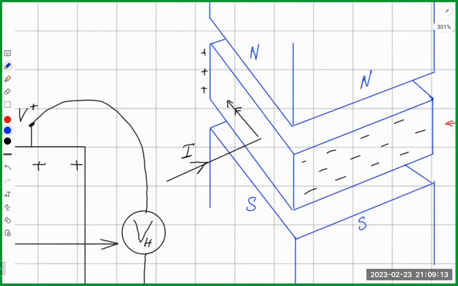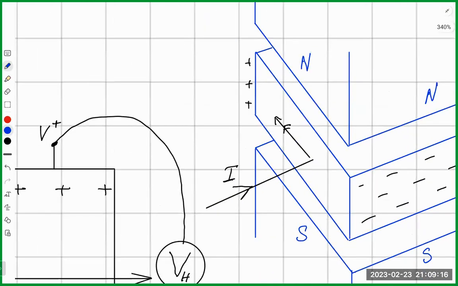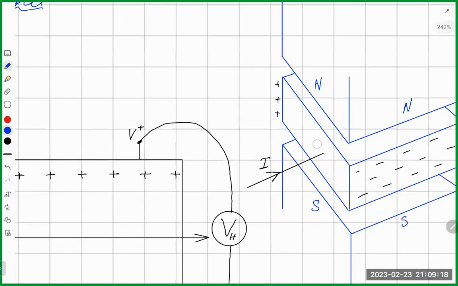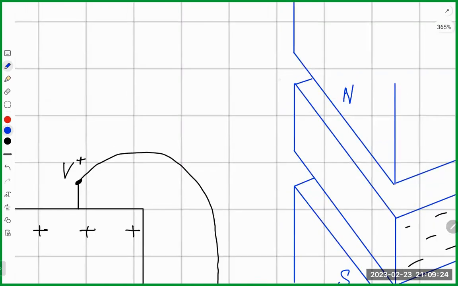Now, here are the things that you have to understand. The magnetic flux density here is B. This side is the thickness, so it will be t. First time in physics, we will be using small t for something else. So pay attention.